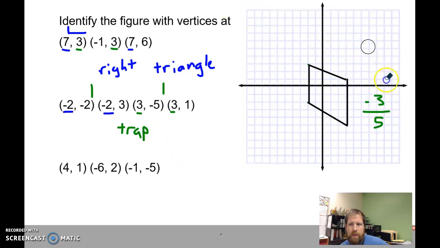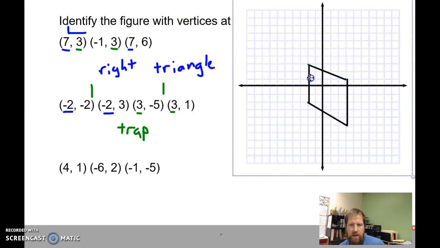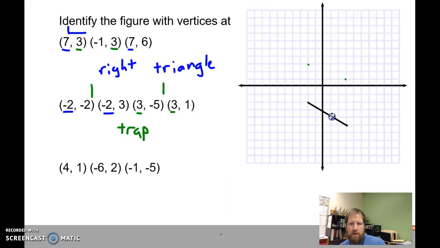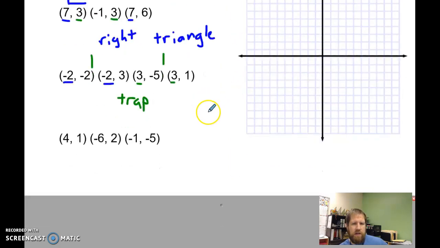All right. Okay, let's look at the last one, and we'll try and be quick with it if we can. You should be looking at it and say, okay, how many points do I have? I'm given 3 vertices, so I know this is going to be a triangle.